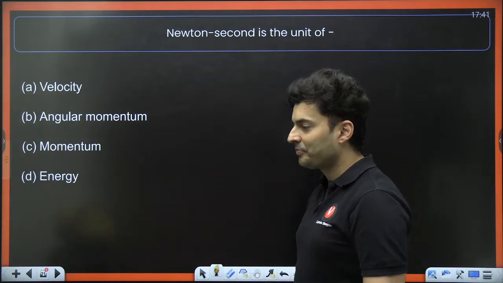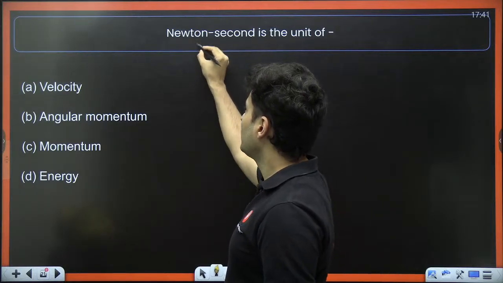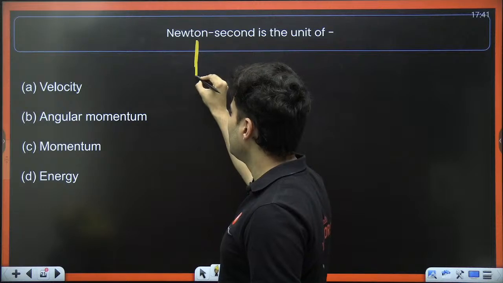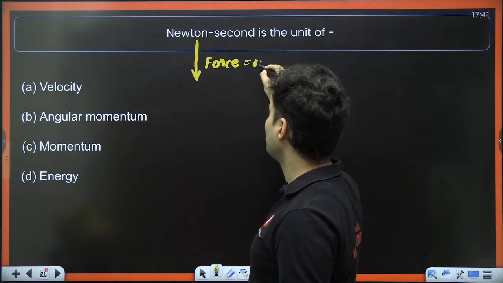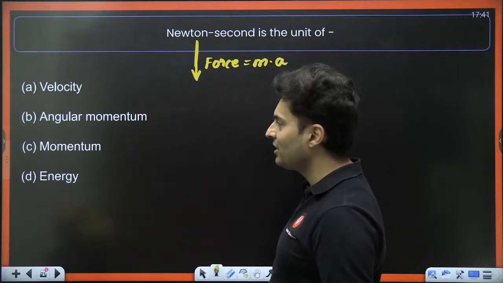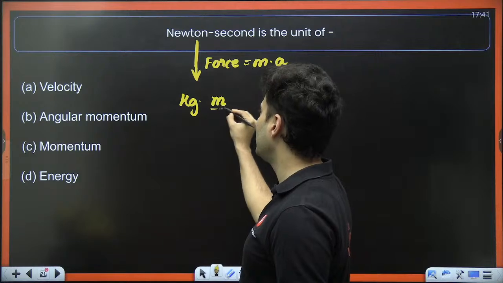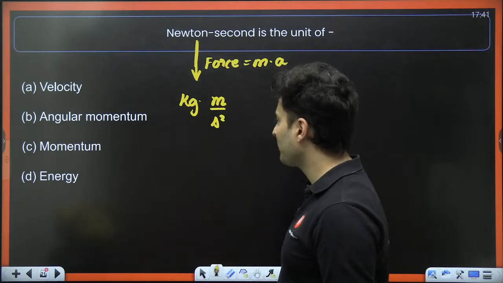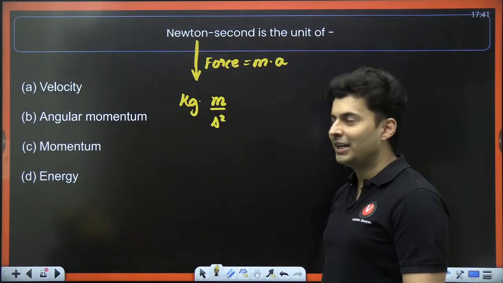Just think about it. Newton second. Newton was the unit of force, and force was mass into acceleration. Mass is measured in kg, acceleration is measured in meter per second square. Everybody has seen this in 9th grade itself.